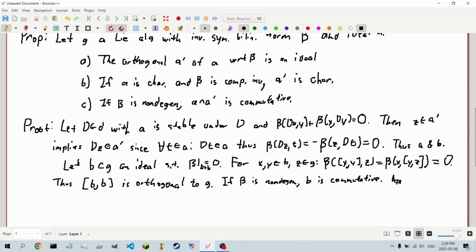Applying this to the intersection of A and A prime gives C.